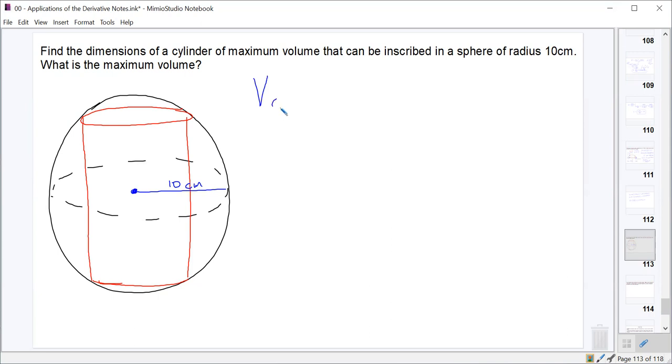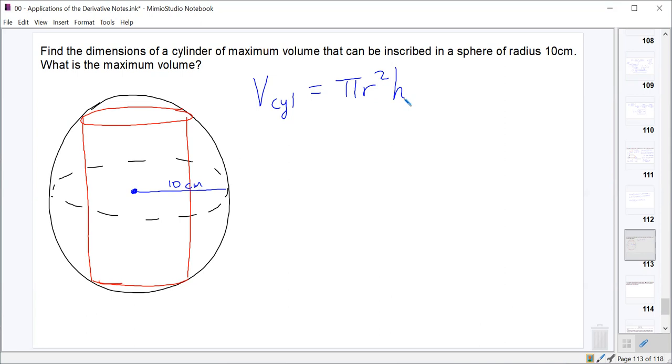The volume of the cylinder, for now, is just the area of the base times the height. So we'll deal with how to get that all in terms of one variable in a second. But that's what we're trying to maximize, that volume, pi r squared h. And now we've got to find a creative way to go about doing that.